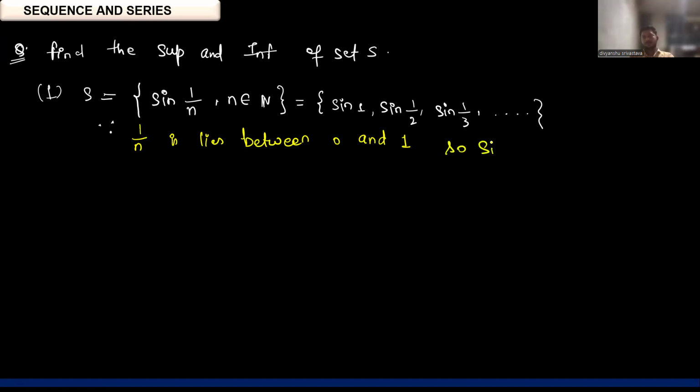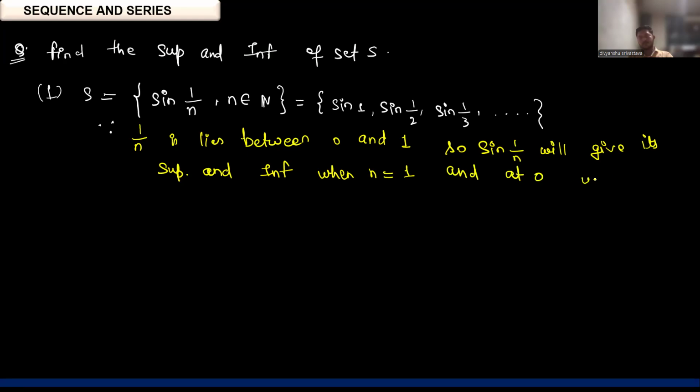So sine 1 by n will give its supremum and infimum when n is equal to 1 and at 0 when n tends to infinity.